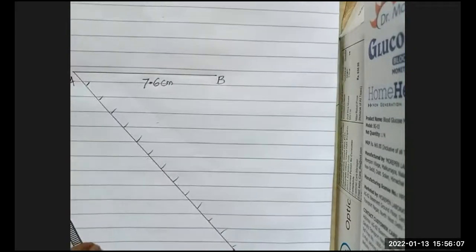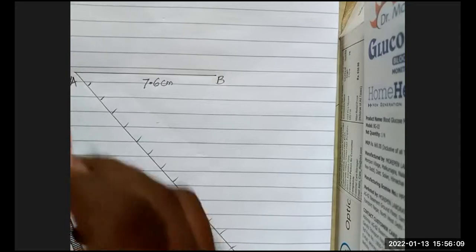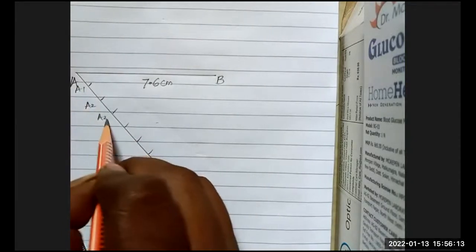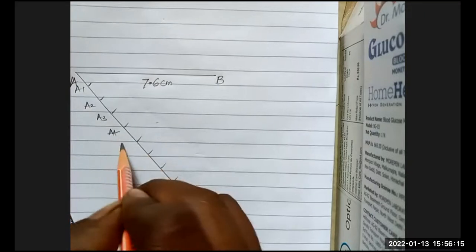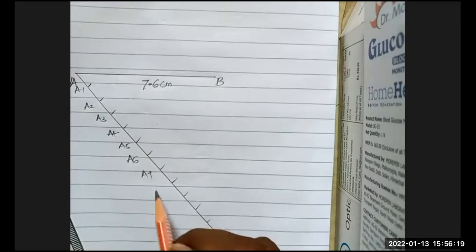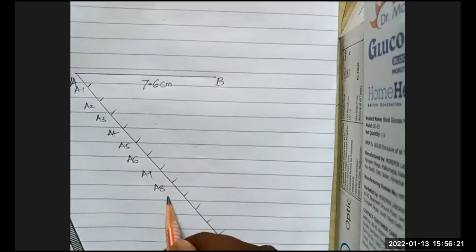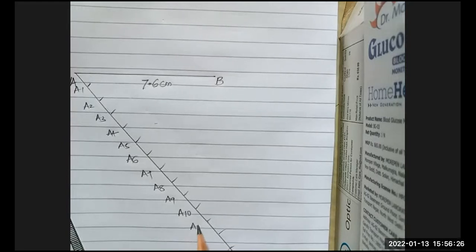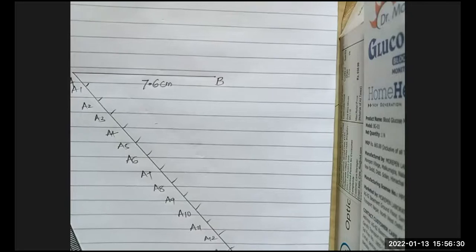So I have made 13 equal parts and I'll label them as A1, A2, A3, A4, A5, A6, A7, A8, A9, A10, A11, A12, A13. 13 equal parts are made.